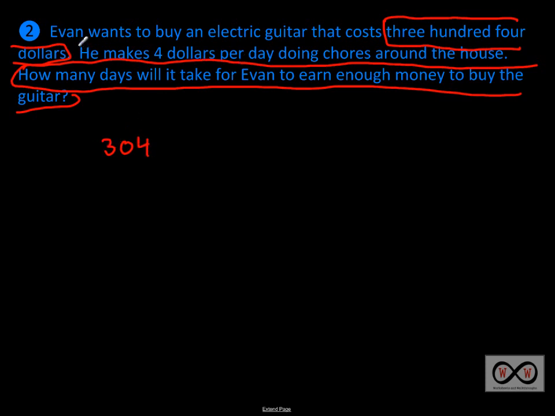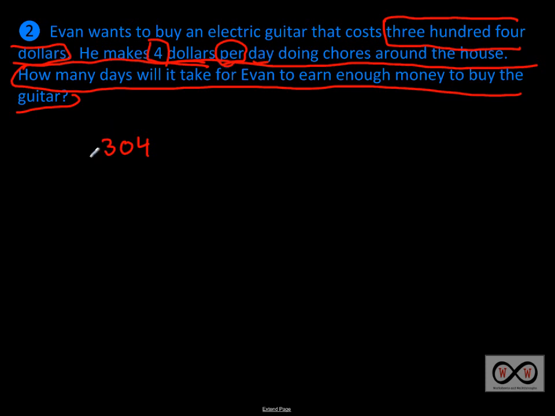And he makes $4. Let's see, $4 per day doing chores around the house. Now, per means each day, so he can earn $4 each day. So how many days will it take for him to earn the money for the guitar?